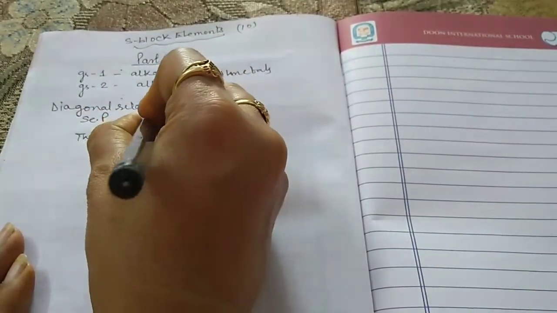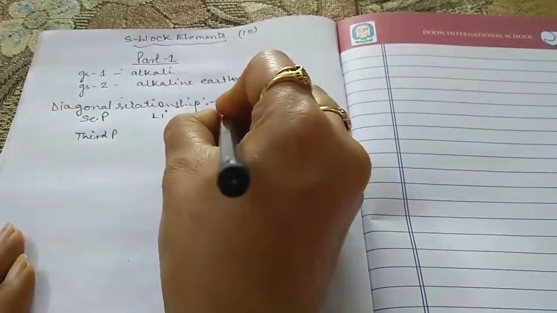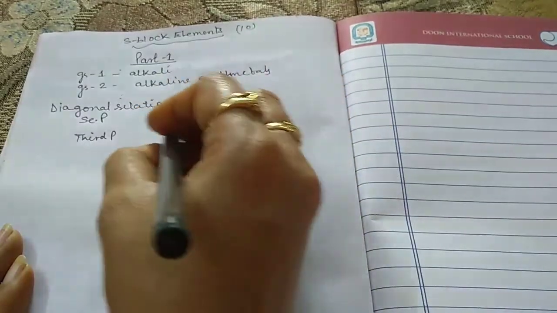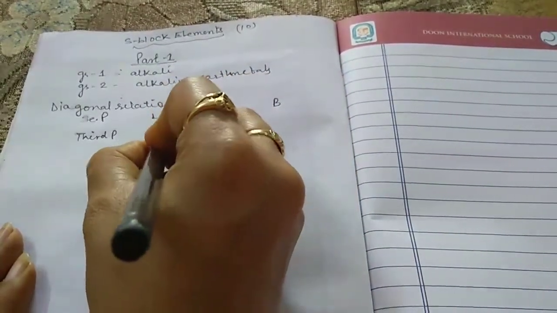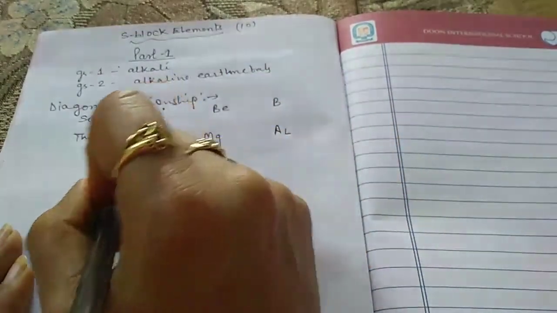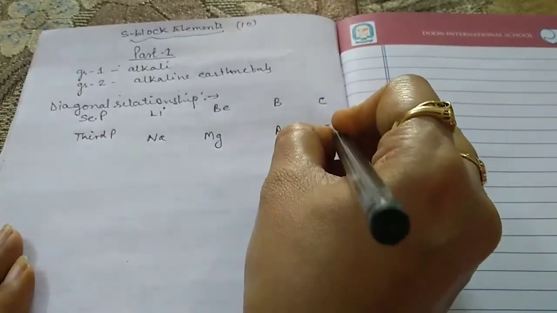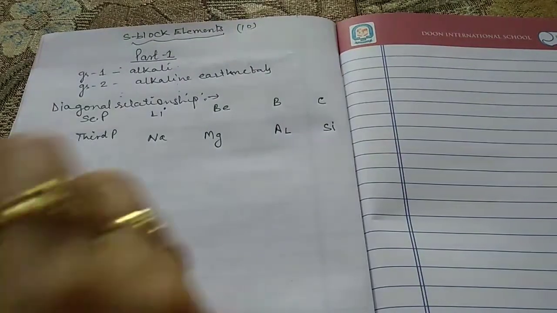So this is the position of lithium. Here it is beryllium, here it is boron. Here magnesium, here we have sodium, here we have aluminum, and here carbon is present, and here silicon is present.